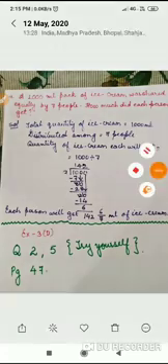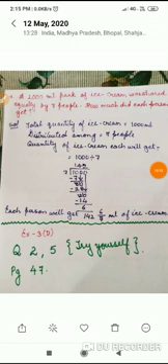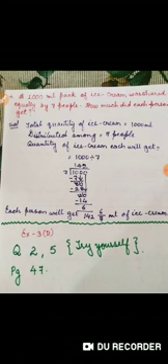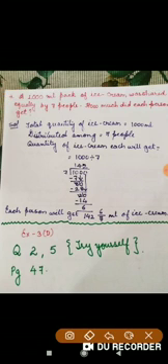7 fours are 28. 30 minus 28 is 2. Then again we will bring down the 0, it will become 20, and 7 twos are 14. The 20 minus 14 is 6. So the remainder is 6.